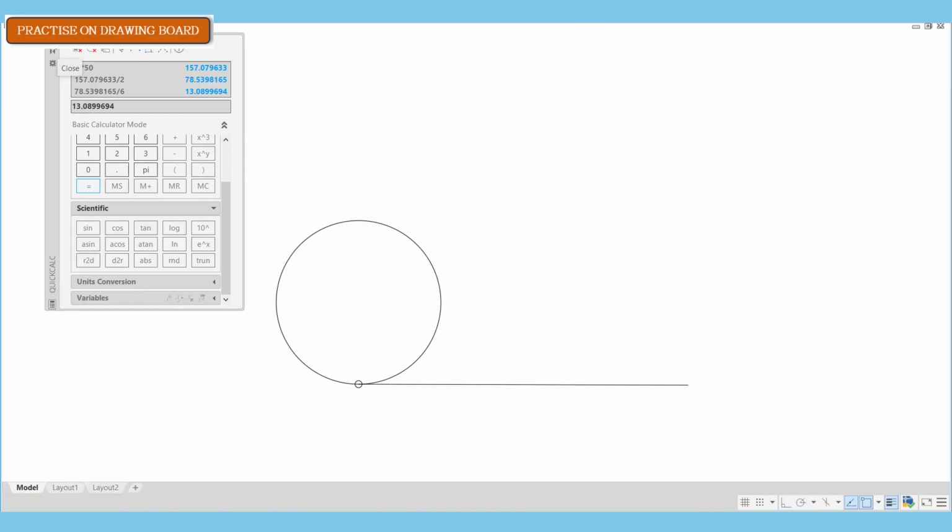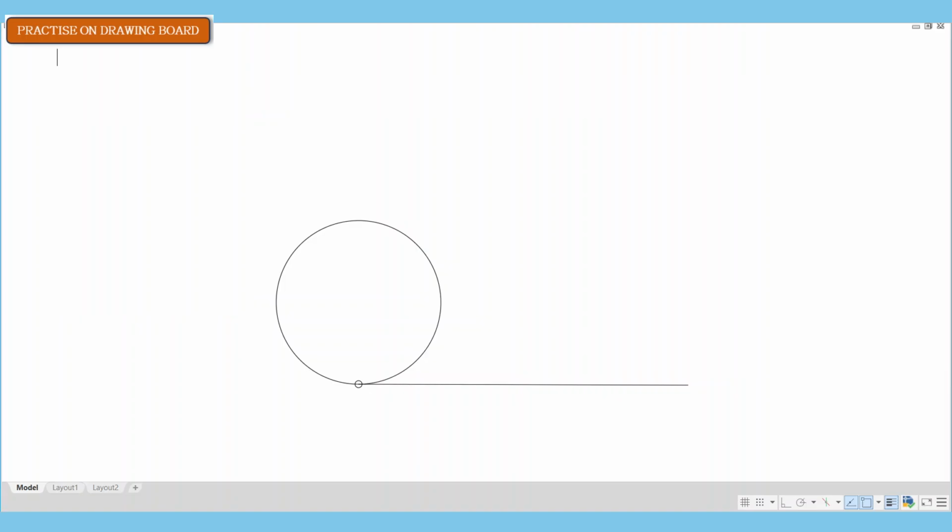So I'll draw that in as my pi r, or half of pi d. So from the center, I have 78.54.